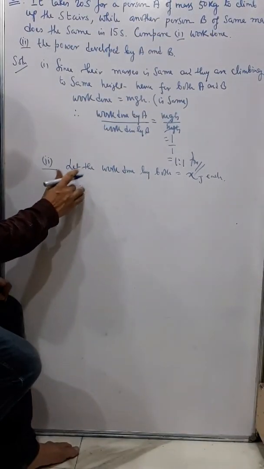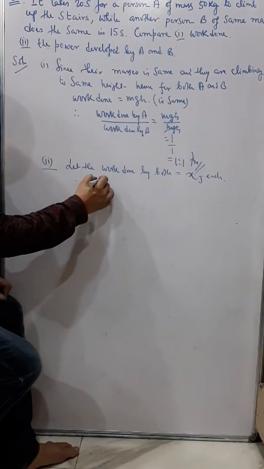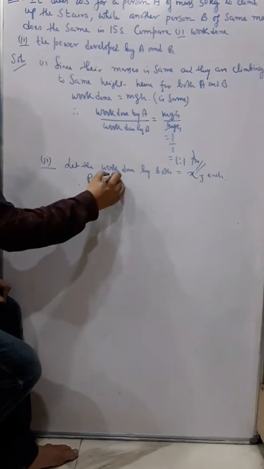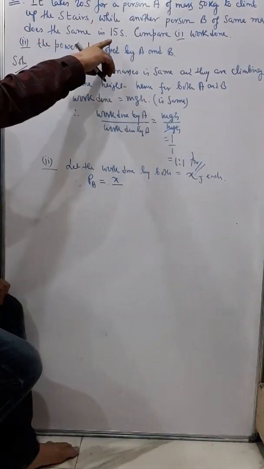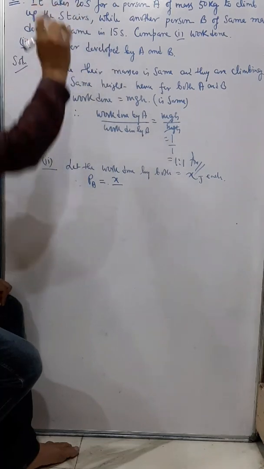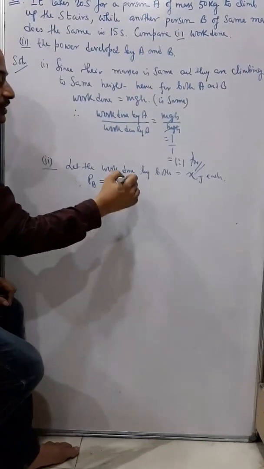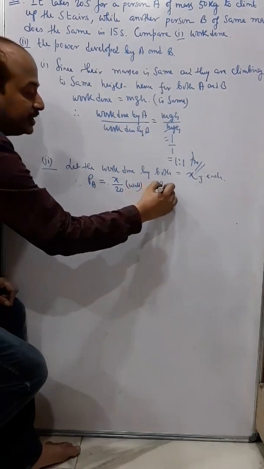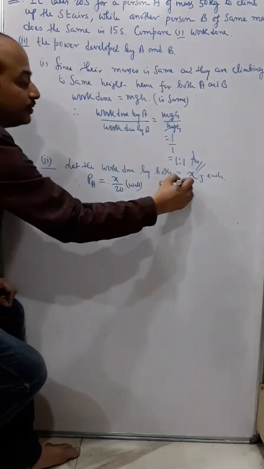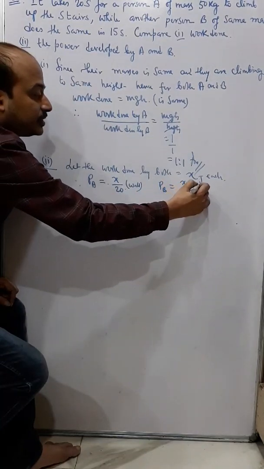So power of A will be x by time of A. Time of A is 20 seconds, so x by 20 watt, and power of B will be x by 15 watt.